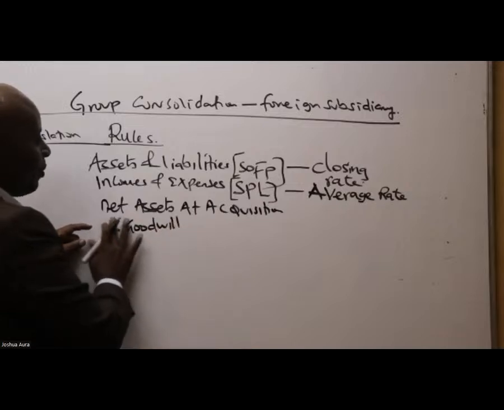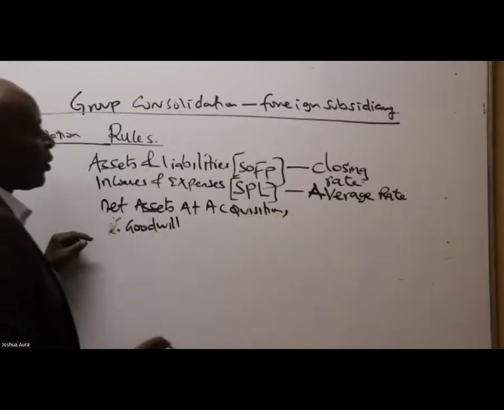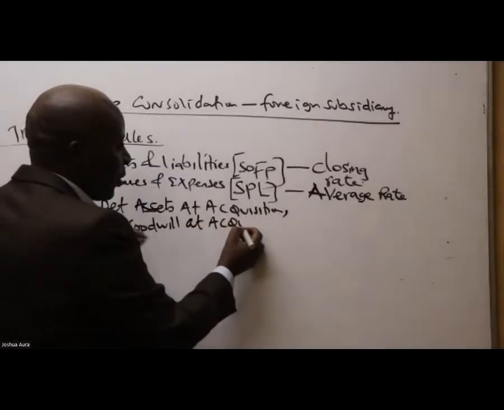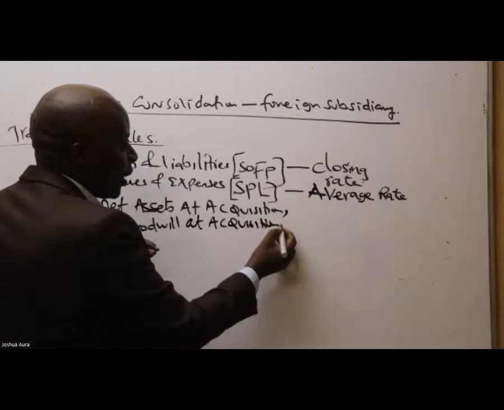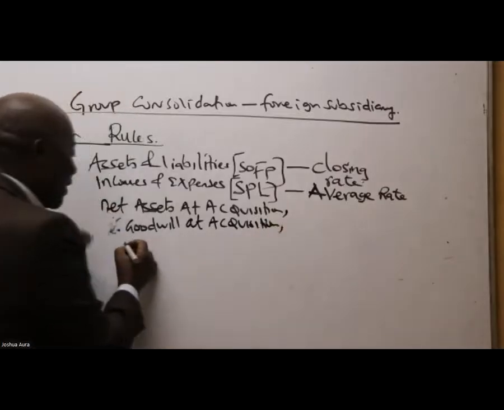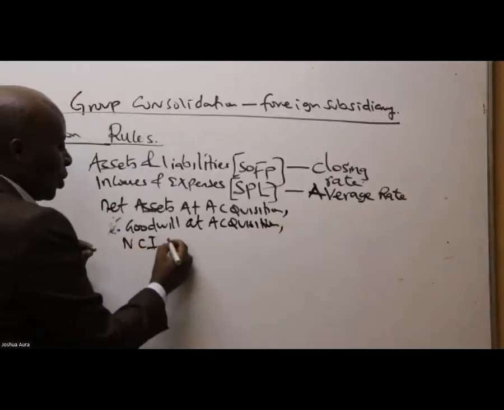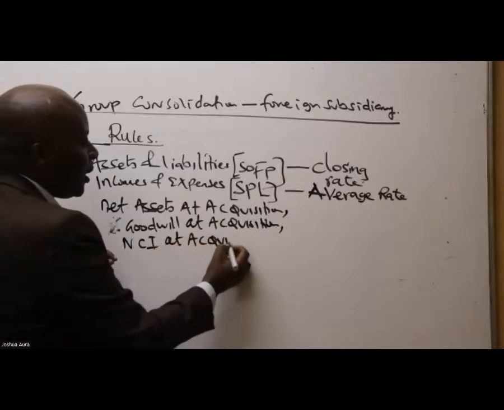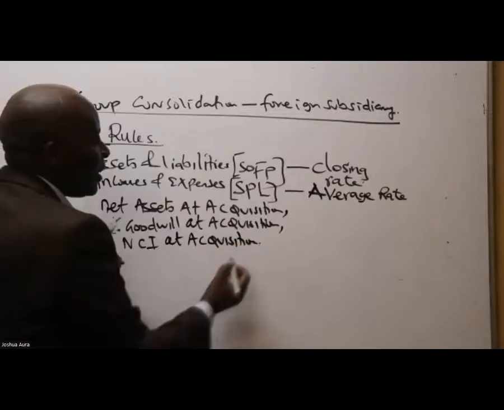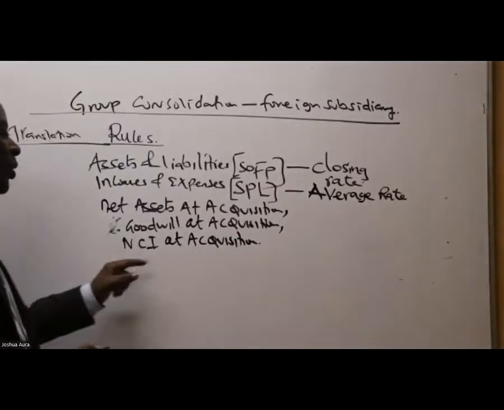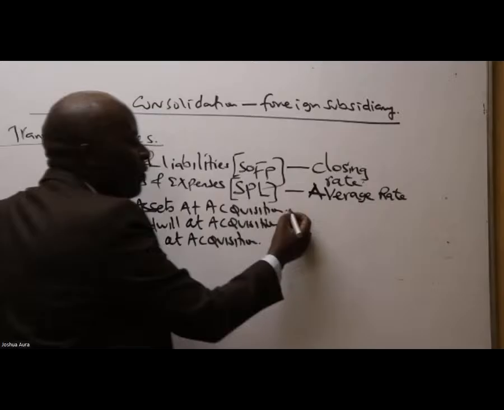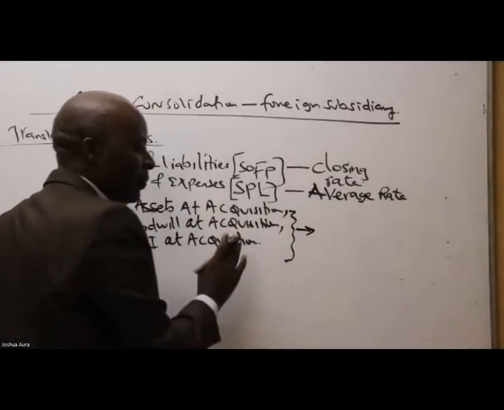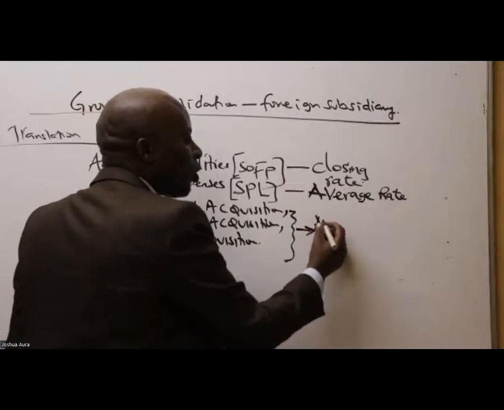Net assets at acquisition, goodwill at acquisition. I want to keep on insisting on this. Goodwill at acquisition. Talk of NCI at acquisition. Anything in this case that the examiner is using the words at acquisition, everything here, we shall be translating them using the acquisition rate.